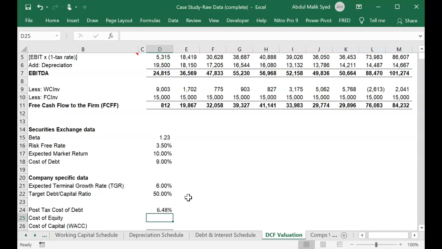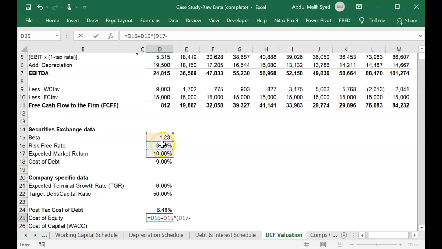Cost of equity, we use the capital asset pricing model formula which we discussed in the earlier slides. This is equal to RF, that is the risk-free rate, plus beta times (RM minus RF).